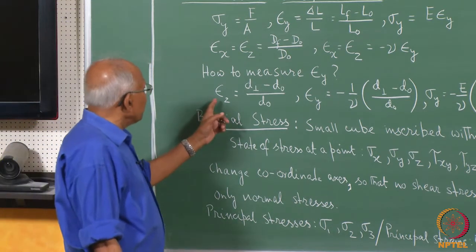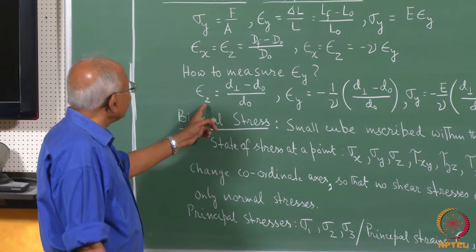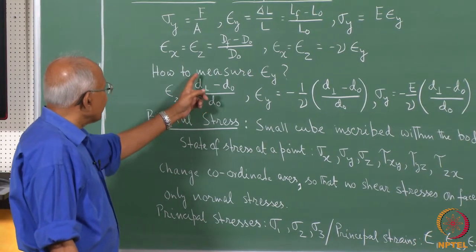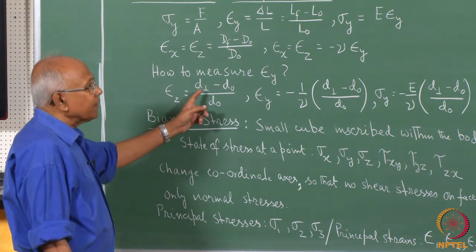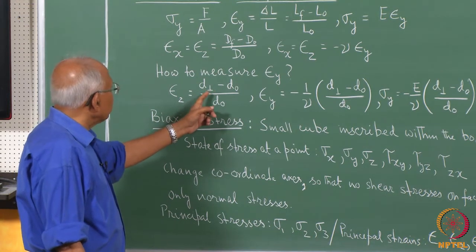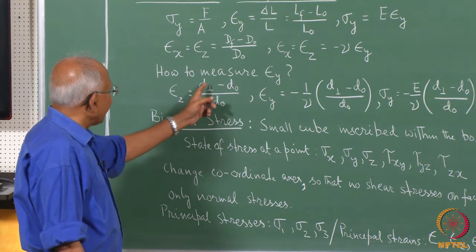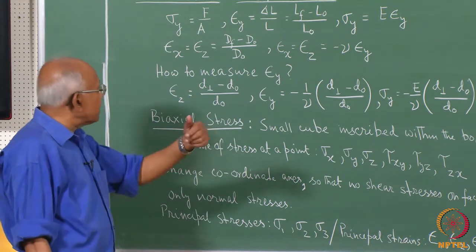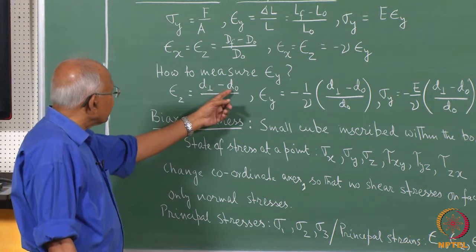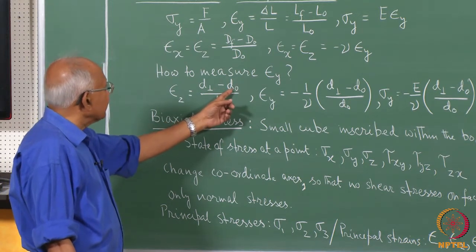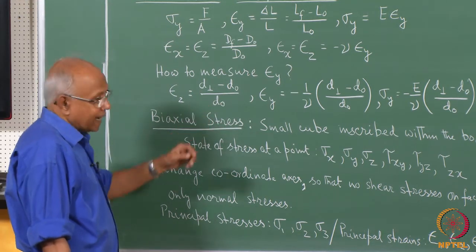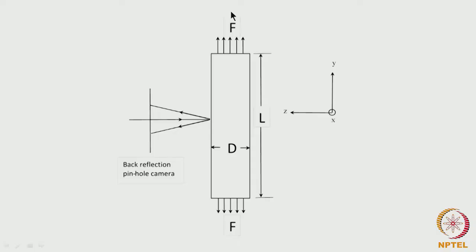So, what we do? We measure the value of epsilon z by finding out the value of the interplanar distance of a series of atomic planes in a grain of the material, by having the X-ray beam falling perpendicularly on those planes, and then subtract d_0, the interplanar distance in the unstressed material, divided by d_0 again. So, the situation is like this.